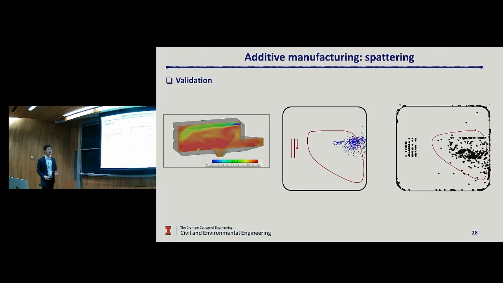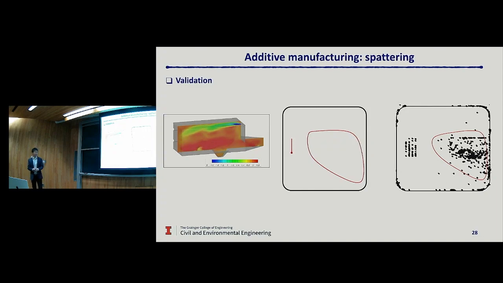We did some experiments, and then we applied our computer vision techniques to extract the spatter distribution in the experiment, and then we compared the final distribution. I wouldn't say it is very accurate, because we truly don't know the initial powder bed distribution in the experiments. We just use the same laser power, scanning speed, and gas flow parameters. But overall, you see a similar pattern.